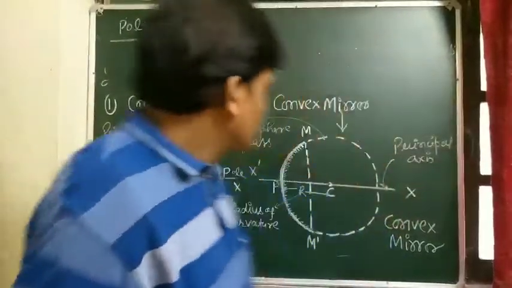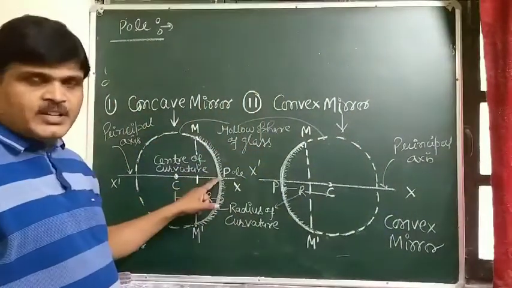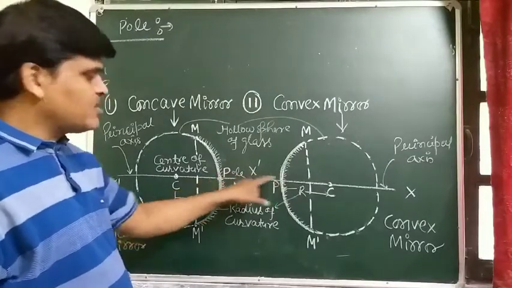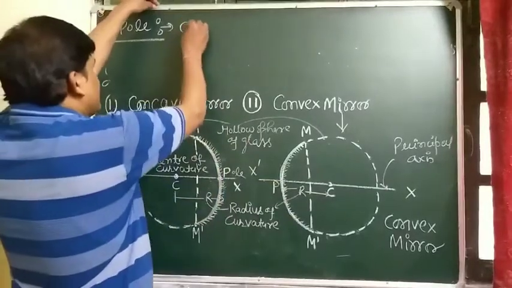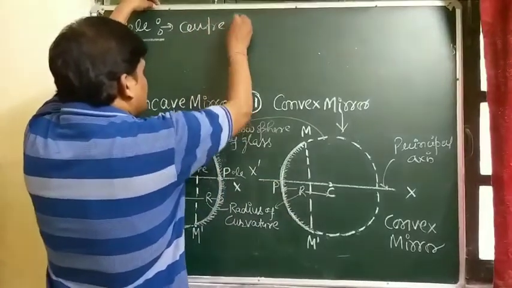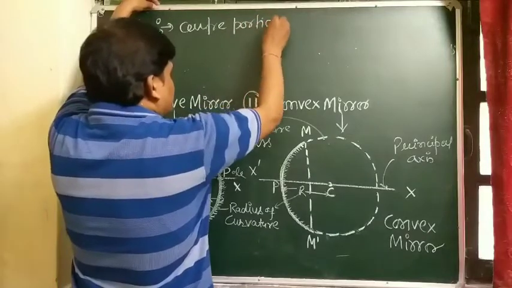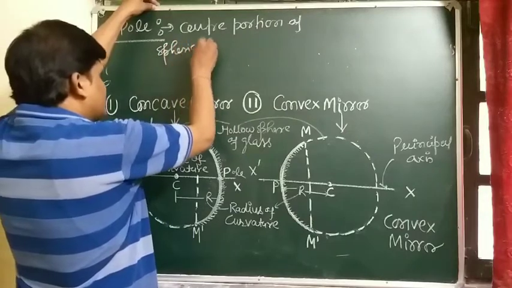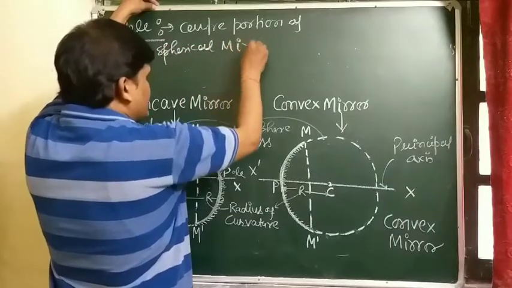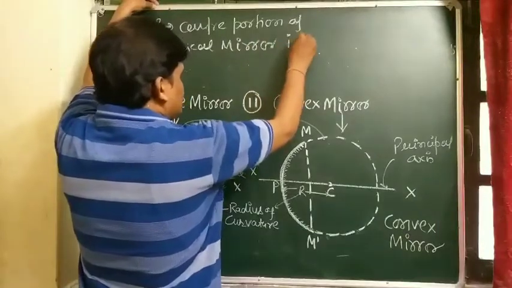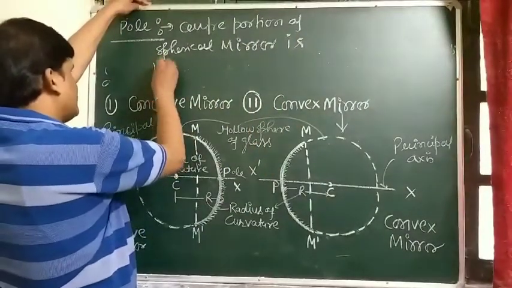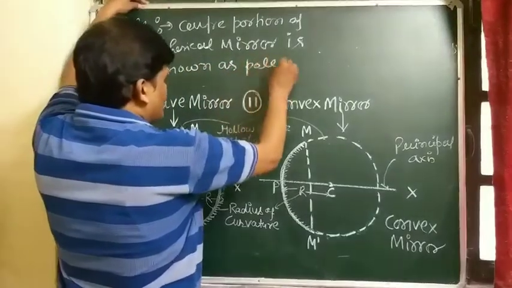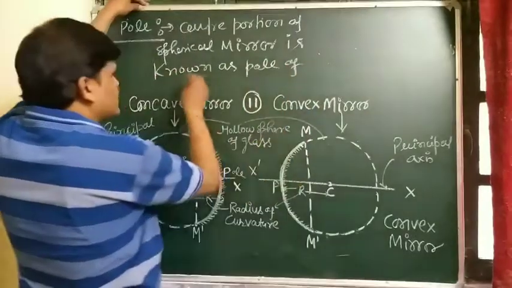Now student, what is pole of a spherical mirror? The center portion of a spherical mirror is known as pole of a spherical mirror.